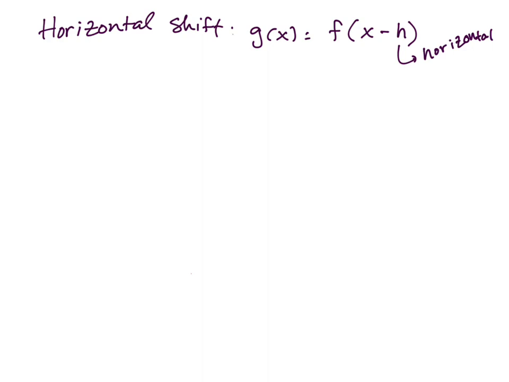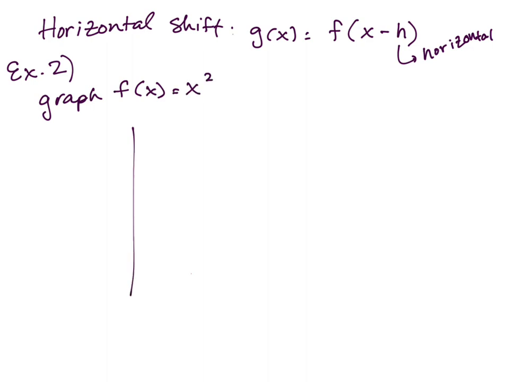And so let's look at example 2. Let's just dive in here and see if we can come up with what's happening. On example 2, it says graph f of x equals x squared. So this is our old familiar friend, the parabola. And we can graph it by inputting and outputting some numbers. If I input 0, what is 0 squared? 0.